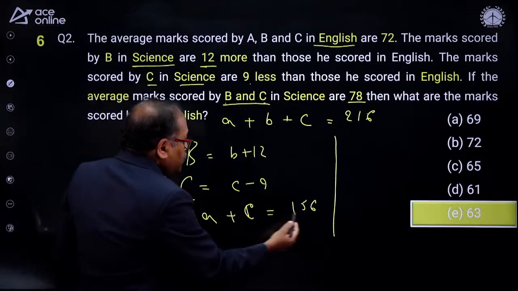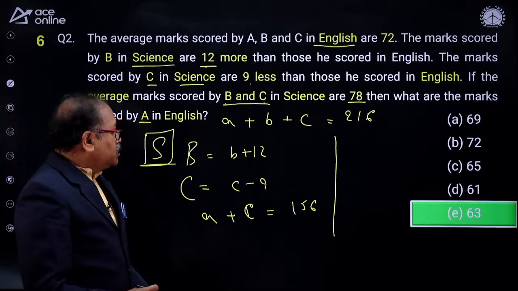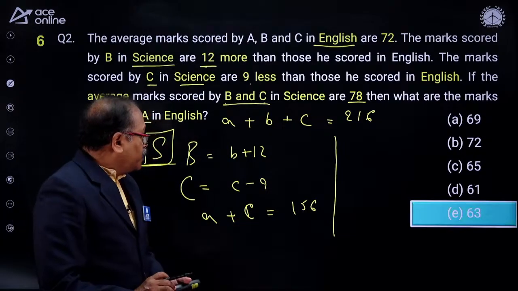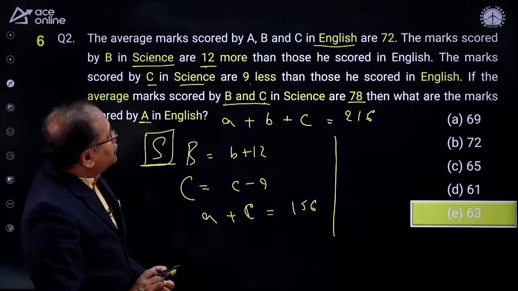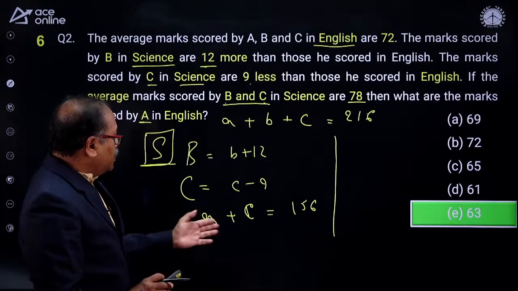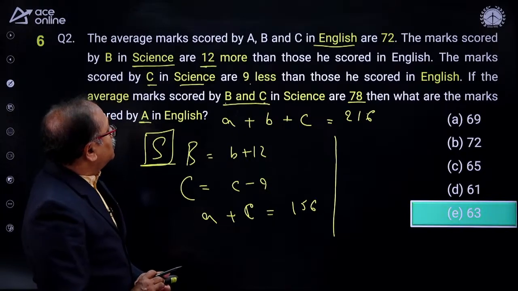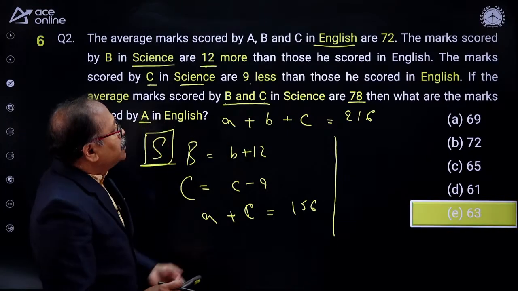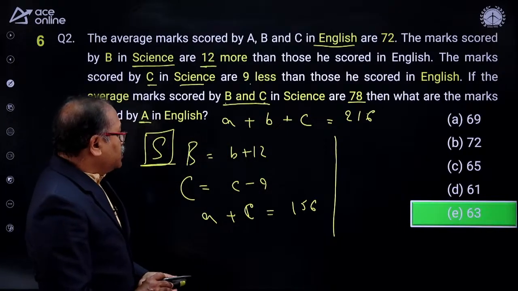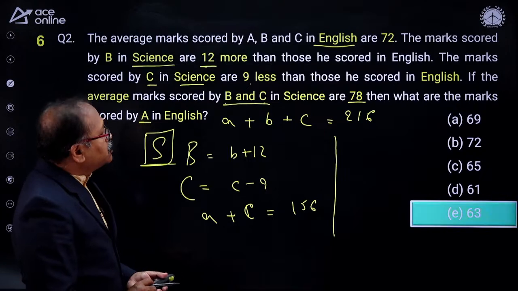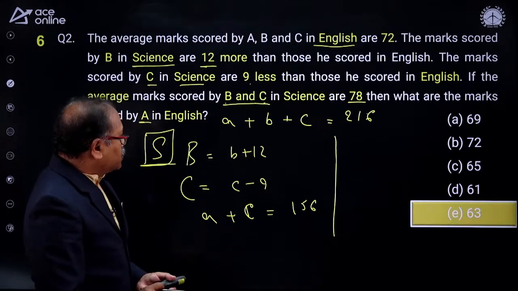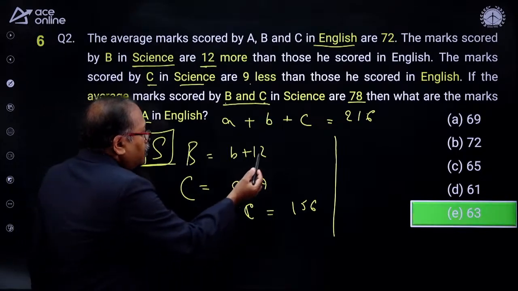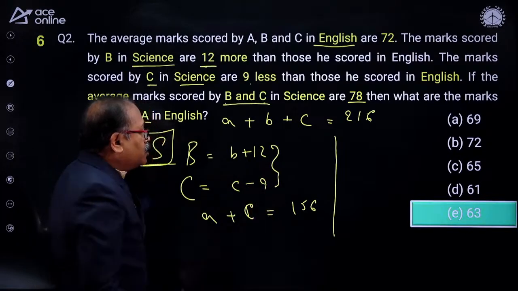So this is about the signs they are talking of. Okay, C minus 9. And B plus C average is there. Is it average? So average is 78. The total is 156. Okay, that's good. So can I see what is the total of this?